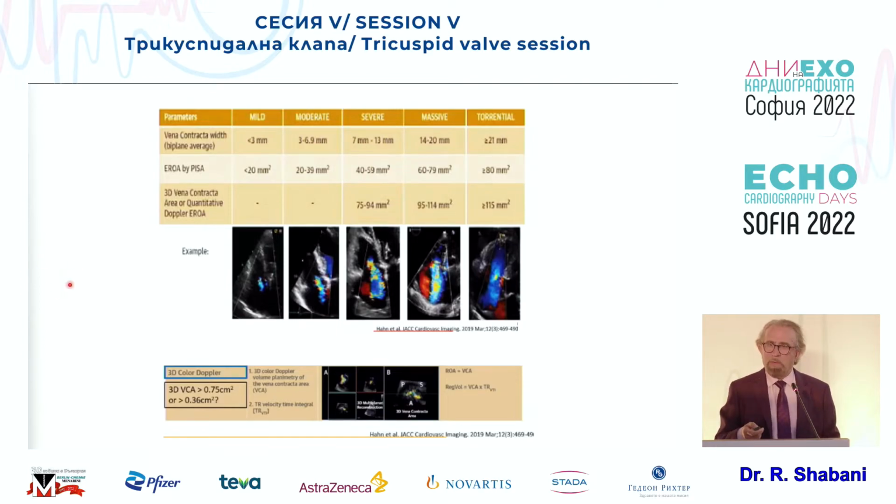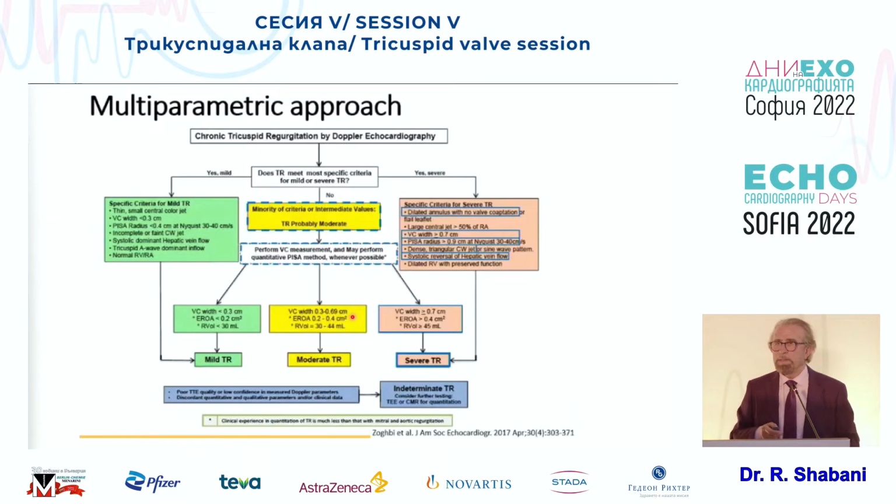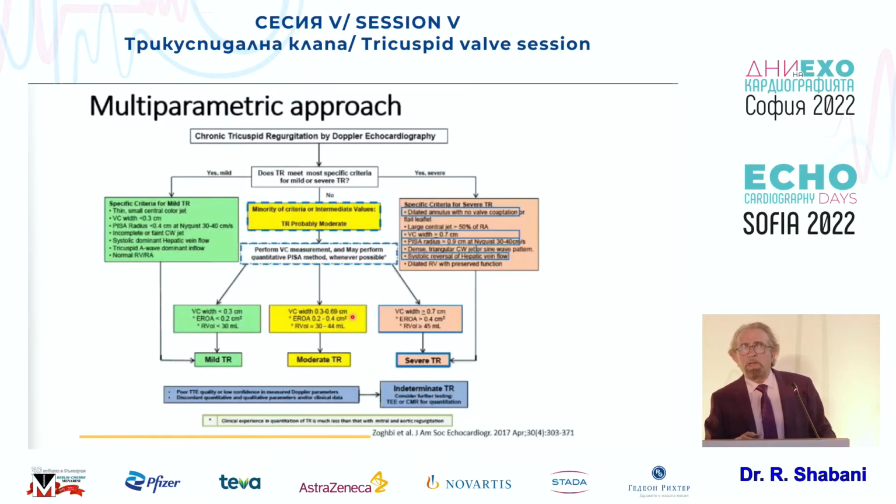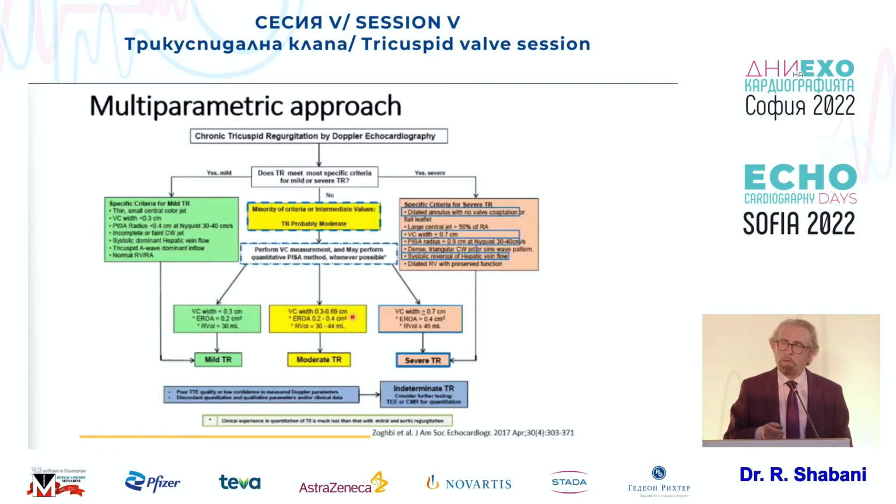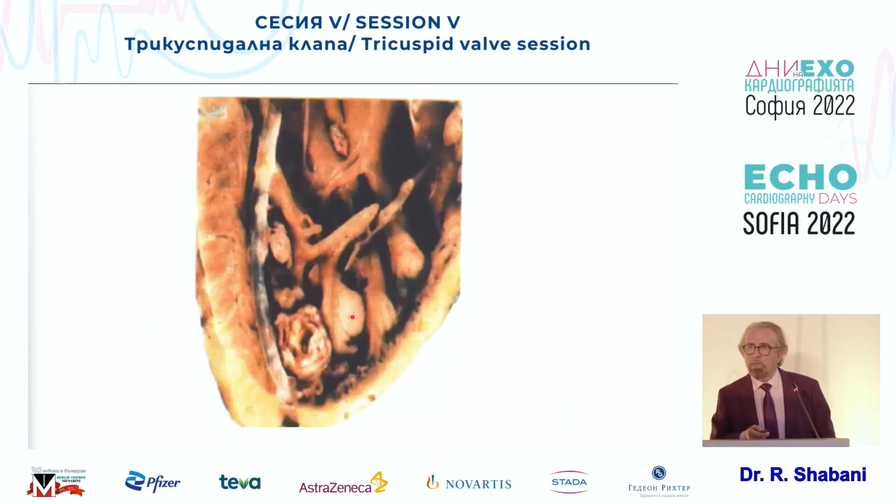Тя може да допринесе малко, ако има такъв апарат, за прецизно диференциране на тези четири форми. В мултипараметричния подход, както виждате, никъде не е сложен девайсът като момент, който играе роля. Така че остава само количественият анализ.